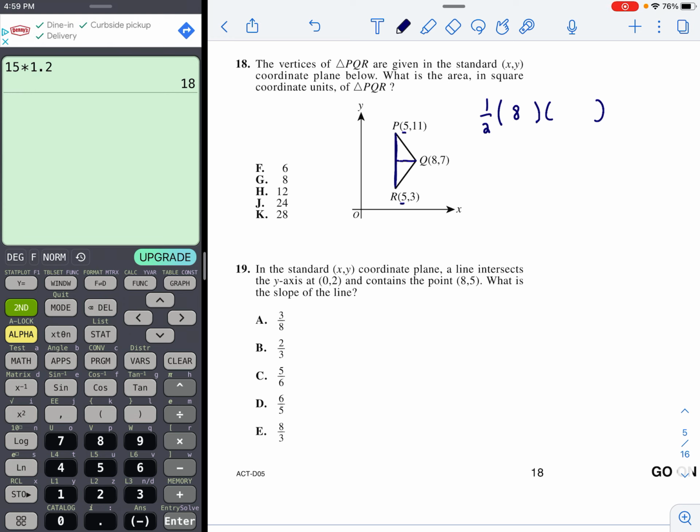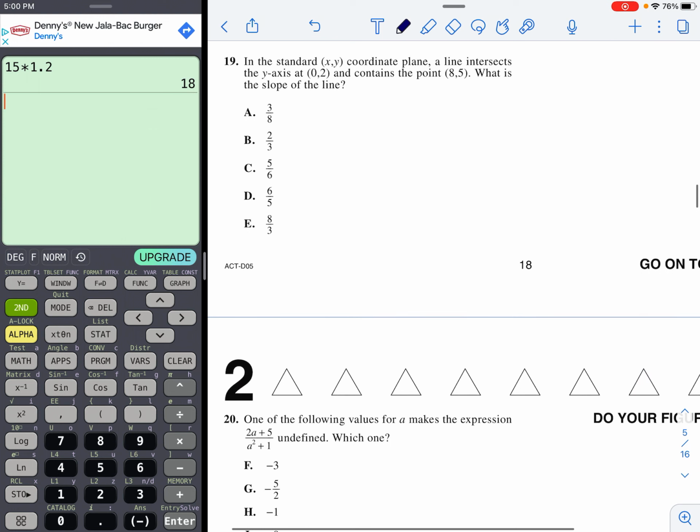For the height of this triangle, I can just look at the difference in the x coordinate here, which is 8. So it's 3 spaces to the right of those 5. So we have 1/2 times 8 times 3. We have 4 times 3. We have 12.